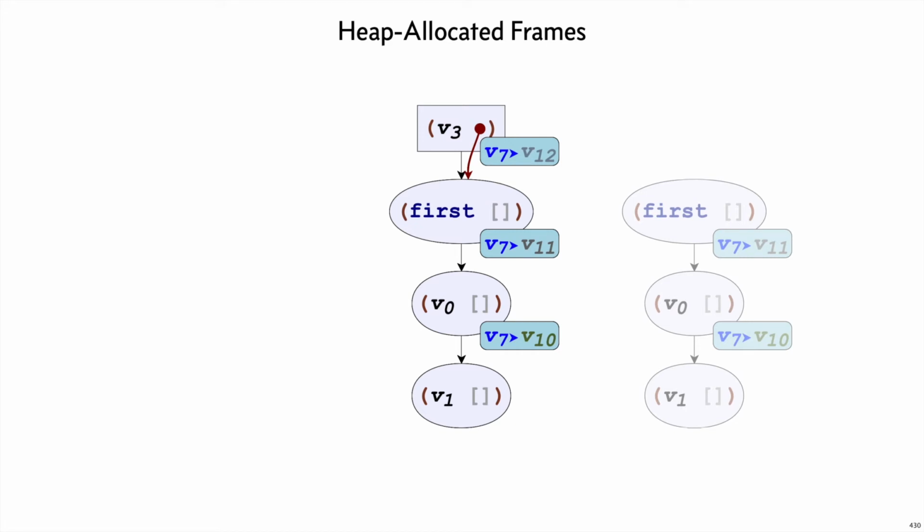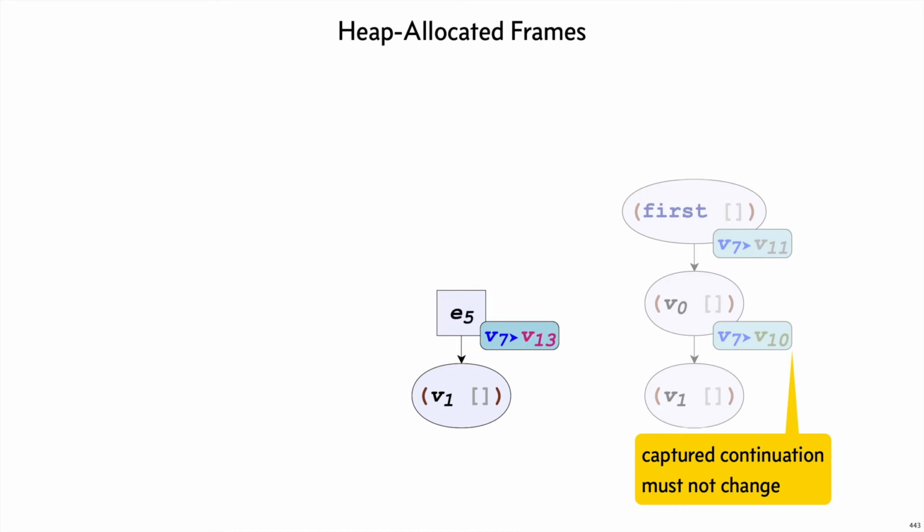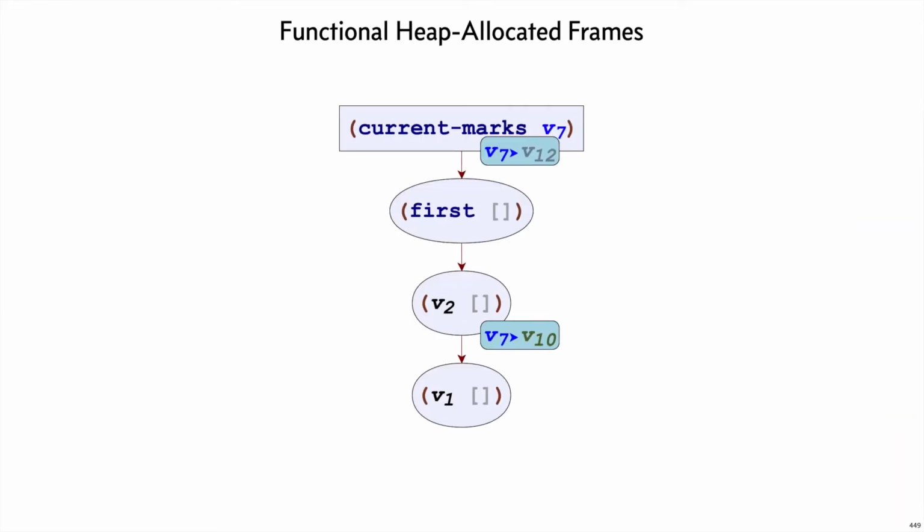We have to be careful to implement this in the right way, though, because after we capture a continuation and computation continues with that continuation, we want to make sure that the captured continuation does not change, which these pictures suggest it might if evaluation proceeds and changes a mark on the current frame. To address this issue, let's refine our picture to get closer to the implementation.